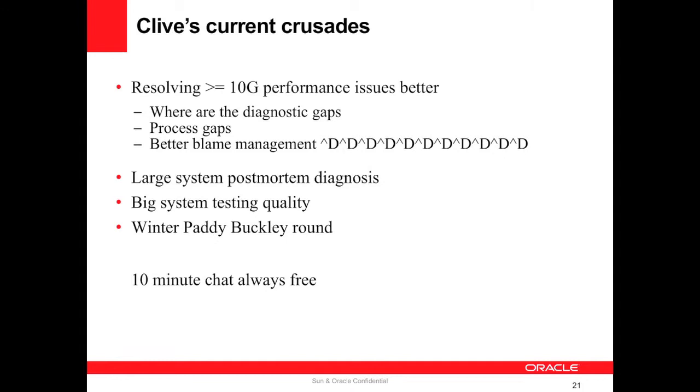Big system testing quality. That's really around, as systems get bigger and bigger, how do we find the edge cases that our customers who are psychopaths, I'm sure some of them here, managed to find. And it was the same when I worked for Cray years ago. Some of the Met Office workloads would expose issues that no other Cray customer did.